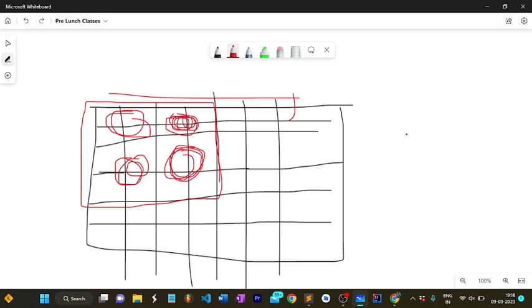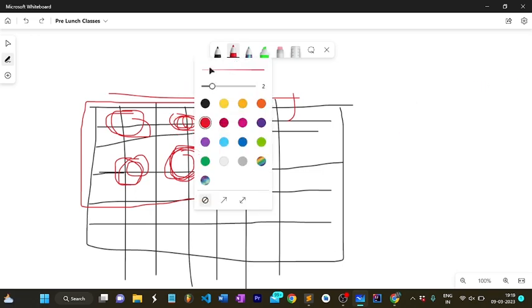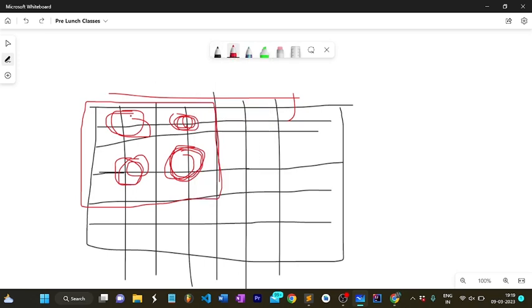So this was a very constructive type problem. Can't we think in this way: why can't we try to make the XOR of every 2 cross 2 matrix equal to 0? If we make the XOR of this 2 cross 2 matrix equal to 0 and this 2 cross 2 matrix equal to 0, then they will become equal.